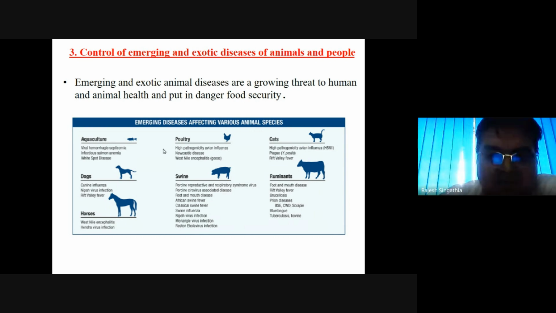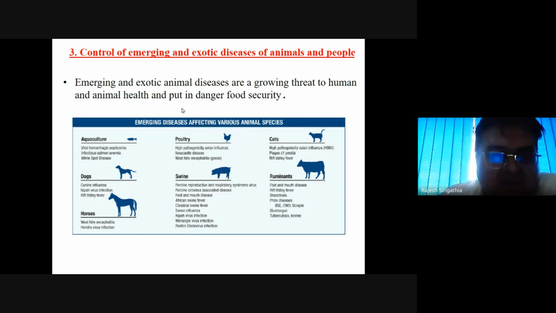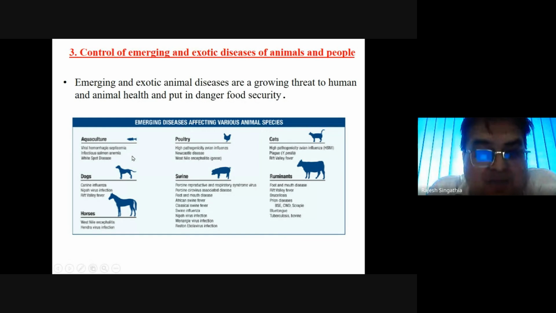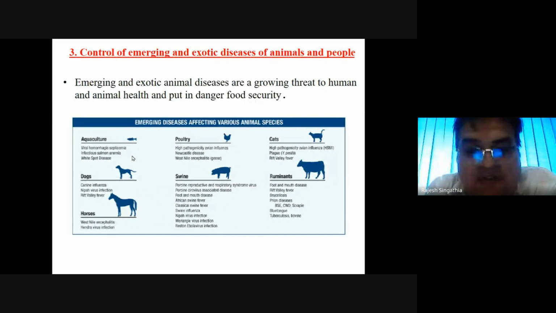In this picture, you can see the emerging diseases affecting various animal species. In aquaculture: viral hemorrhagic septicemia, infectious salmon anemia, white spot disease. In dogs: canine influenza, Nipah virus infection, Rift Valley fever. In horses: West Nile encephalitis, Hendra virus infection. In poultry: highly pathogenic avian influenza, Newcastle disease, West Nile encephalitis.